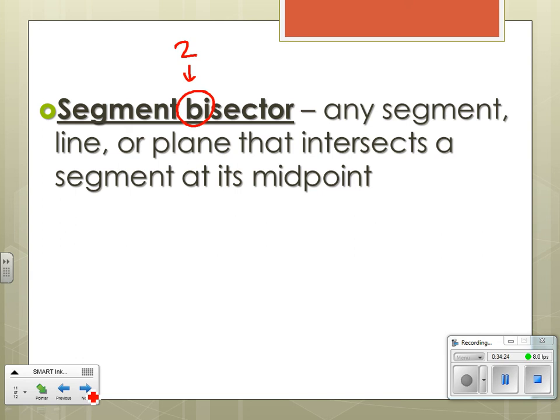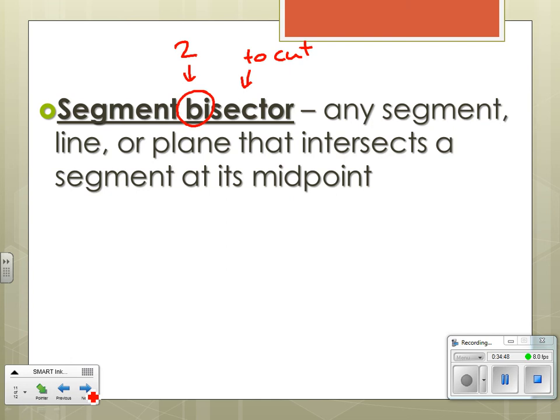Sector, probably not one that we're familiar with. It's a Latin word. Sect means to cut. So that base word means to cut. So what does bisector mean based on how I broke it down? Into how many parts? 2. Cut into 2 parts.